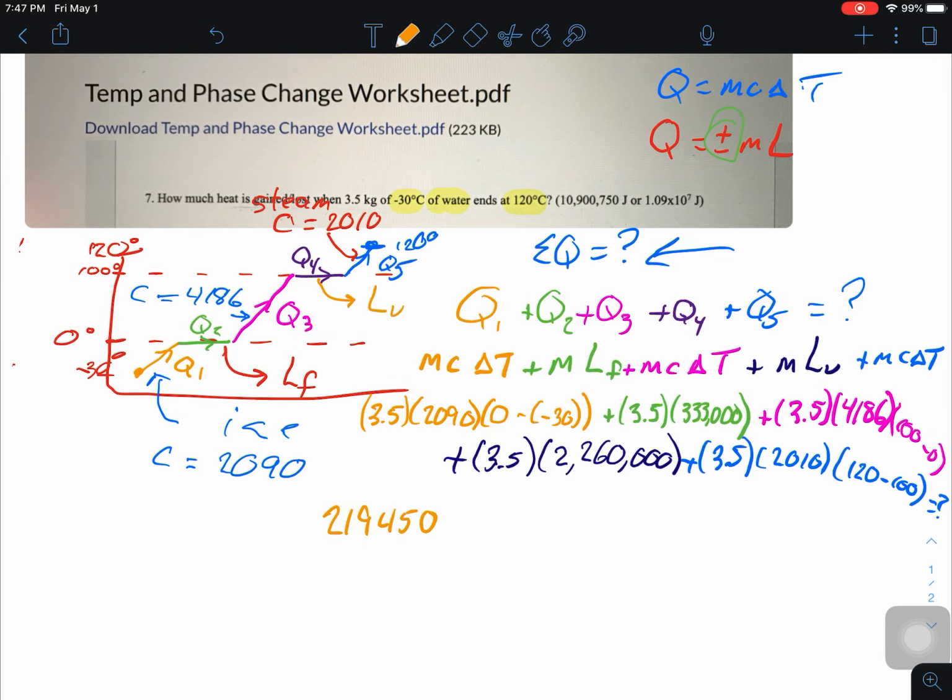My Q2 is going to be 1,165,500. That's my Q2. Do the pink ones, 3.5 times 4186 times 100 minus 0, so that's 100. That's going to be 1,465,100.